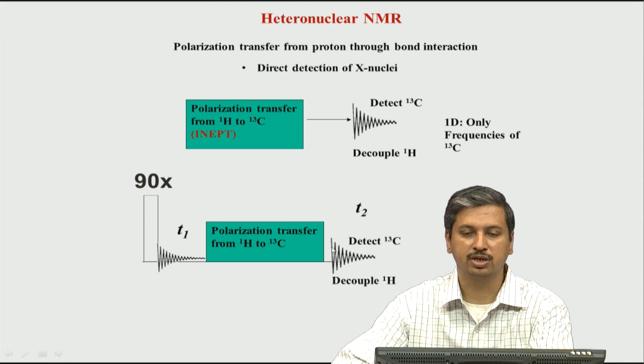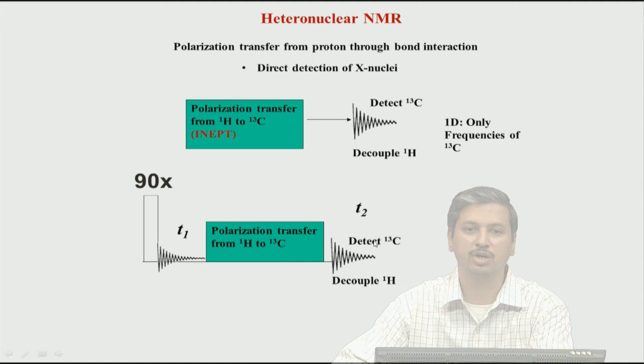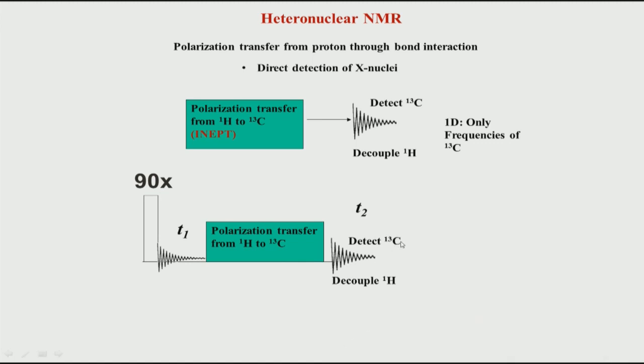When I apply a pulse, the carbon comes into the xy plane and evolves with the chemical shift of carbon. So, this is the carbon detection experiment. What has happened? We started from hydrogen, evolved the hydrogen with its chemical shift, then transferred the polarization to carbon, then detected the carbon.